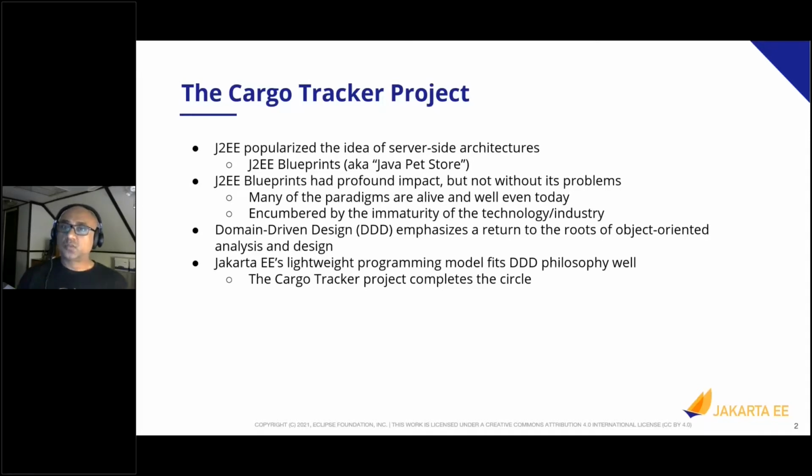As a result, in terms of the shortcomings of the technology, there was a rise of things like Spring and Hibernate. And on the architecture side, there was a rise of this concept called domain-driven design that basically emphasizes the idea: let's go back to the roots of what object-oriented development really is about, which is modeling your system, your domain.